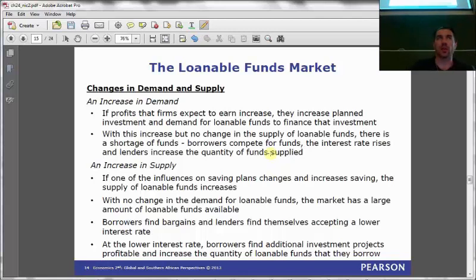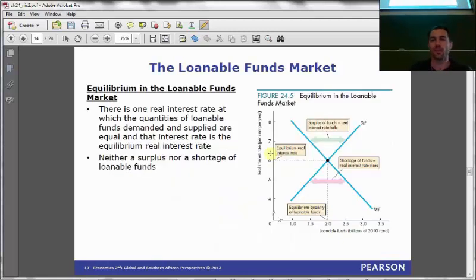So let's show what that looks like diagrammatically. We're saying here's our current demand and supply relationship with equilibrium at an interest rate of 6%. If there was an increase in demand for loanable funds, our demand curve shifts from demand 0 to demand 1.